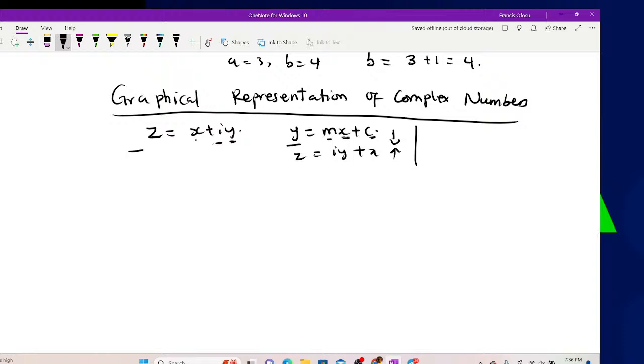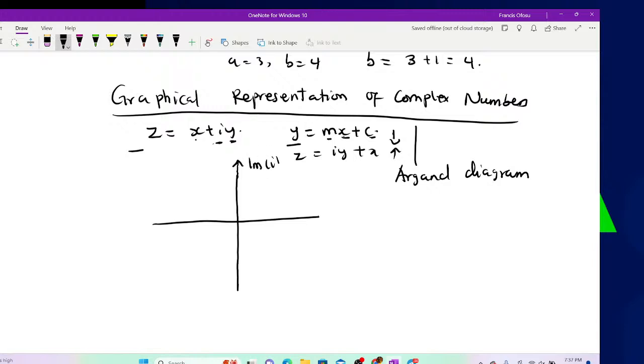For that reason, generally, complex numbers can be represented on a plane, which we call the complex plane, but it has a name called the Argand diagram. On the y-axis, we have what we call the imaginary, that is i.